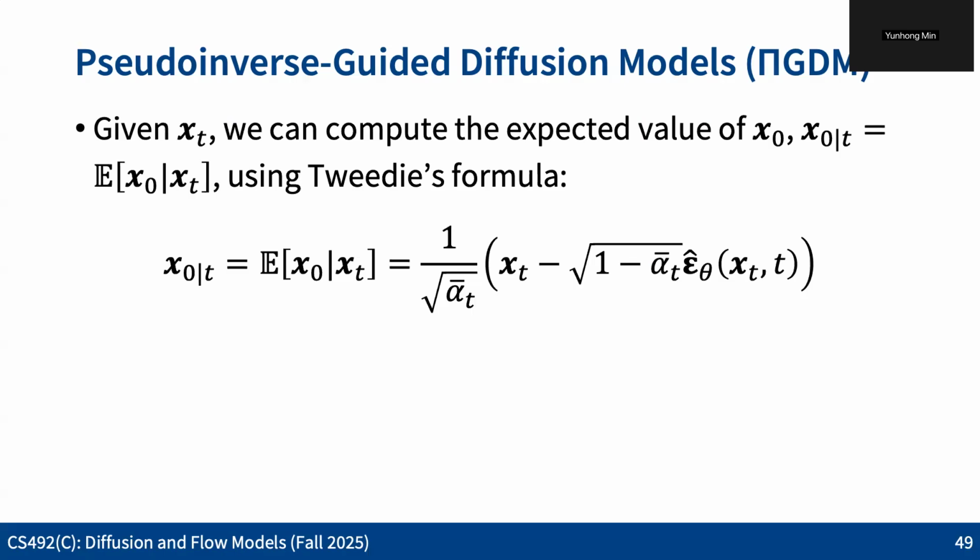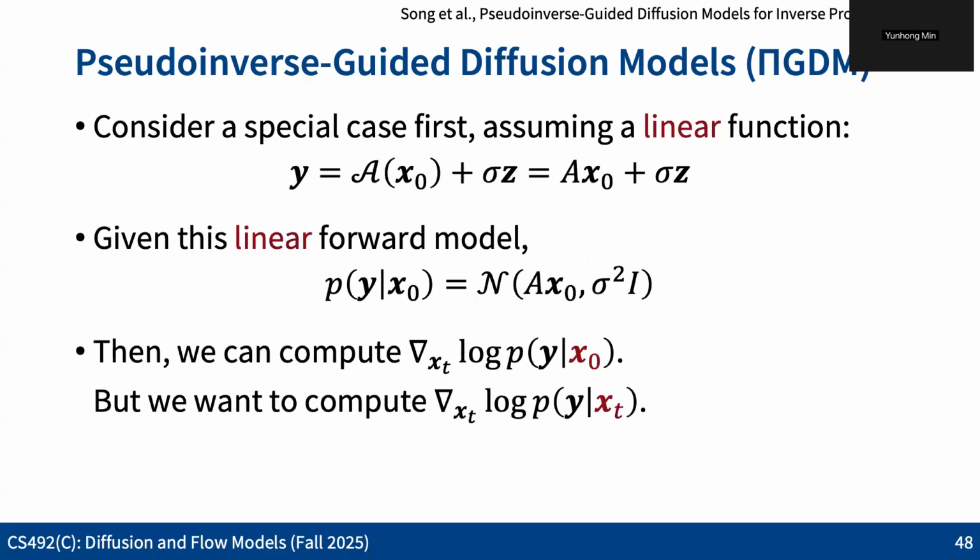But actually, if we want to approximate this based on this information, we need to actually know the exact distribution of the x0 conditioned by the xt. So we're going to get into how we can use the conditional distribution of the x0 conditioned by the xt to compute this conditional score. We're going to see the connection between these two.